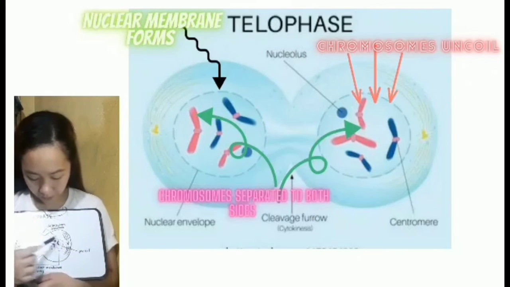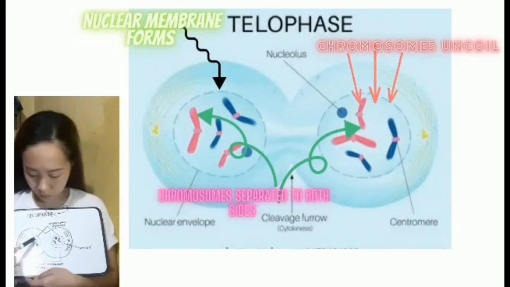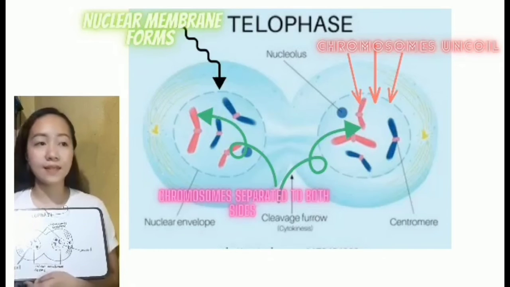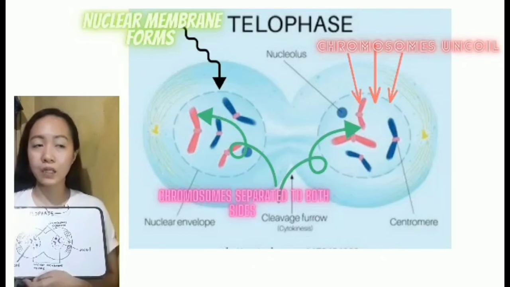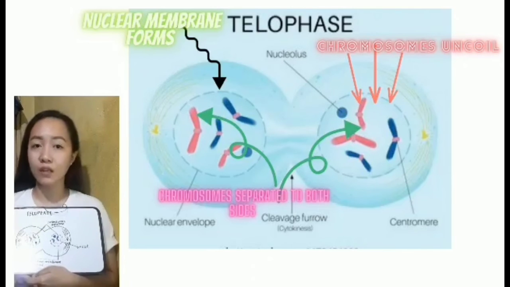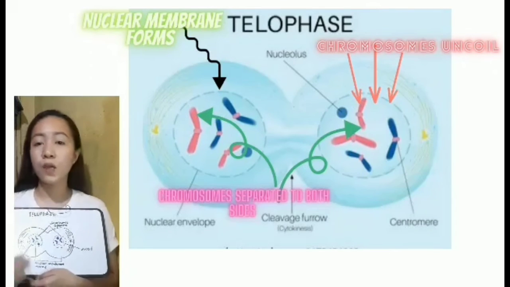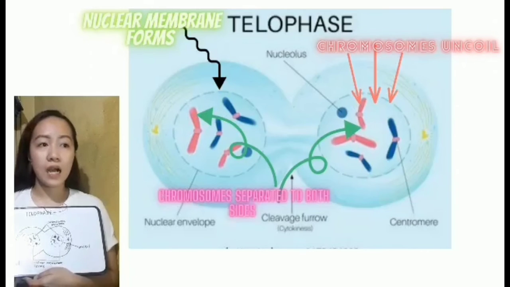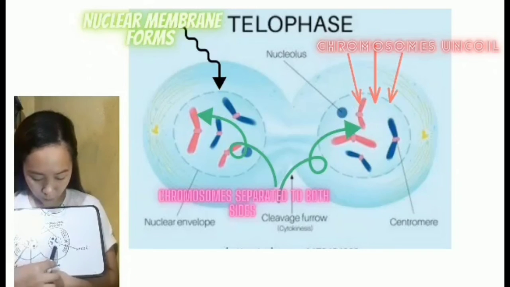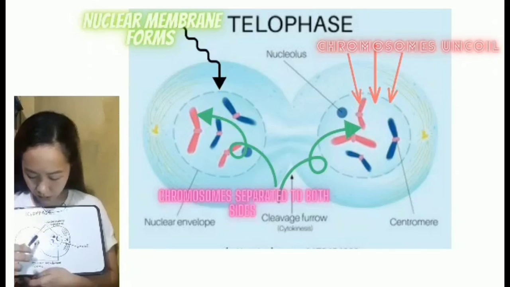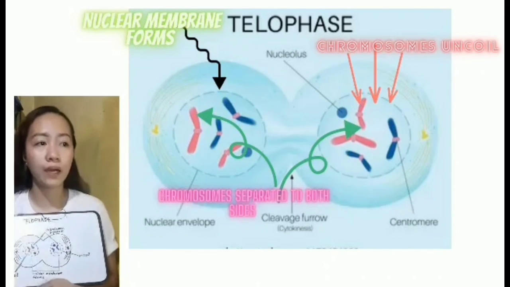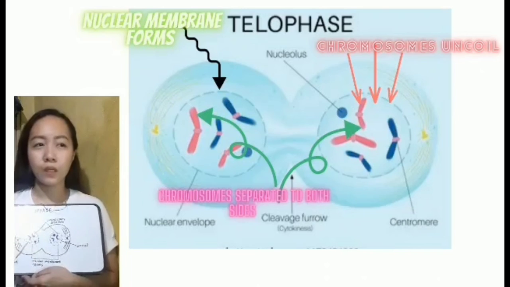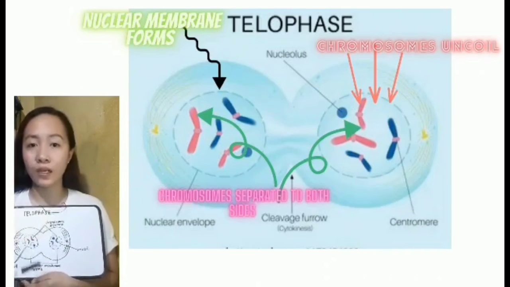So this is what happens. The chromosomes will be pulled towards the opposite sides, and then they will be followed by the nuclear membrane that will form around each set of chromosomes to separate the DNA from the cytoplasm. Then the chromosomes will begin to uncoil.